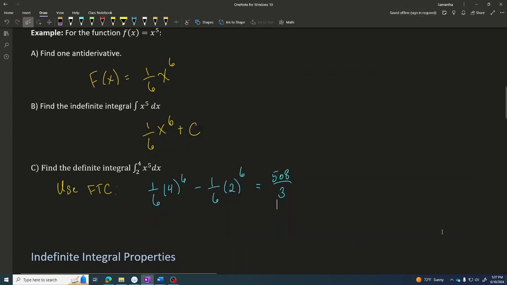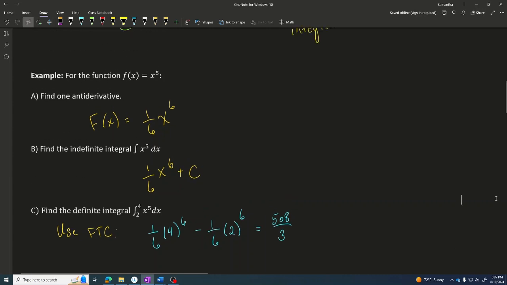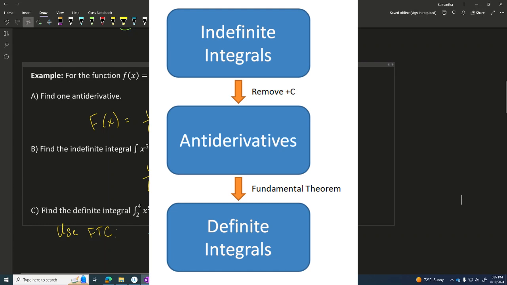So throughout this season, we are going to be learning various properties of the indefinite integral and how to calculate indefinite integrals very easily. Of course, as we learn how to calculate indefinite integrals very easily, we are also automatically learning how to calculate antiderivatives very easily, because antiderivatives and indefinite integrals are basically exactly the same thing, except one of them has this plus c attached and one of them does not.